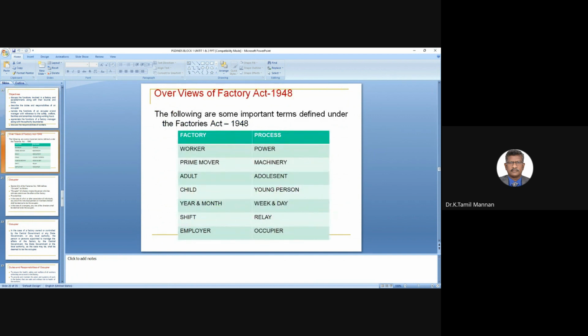Overview of the Factories Act 1948. The following are some important terms defined under the Factories Act 1948.